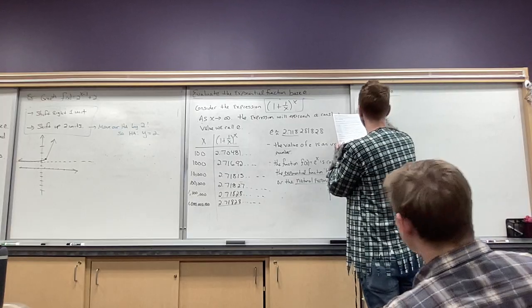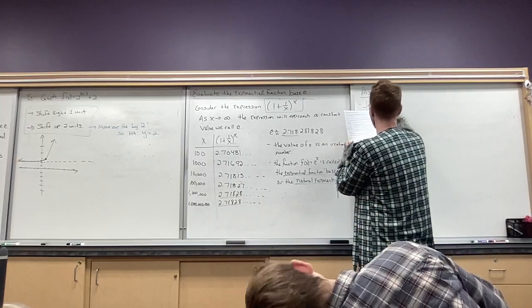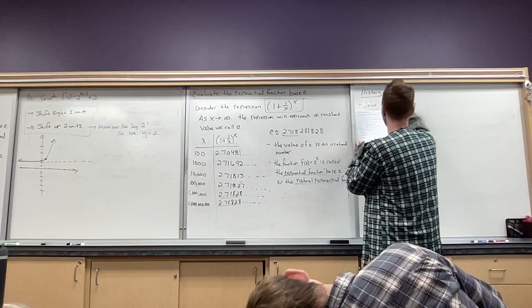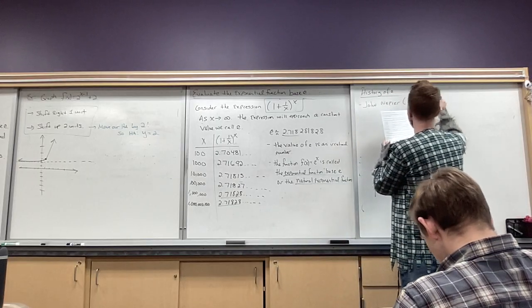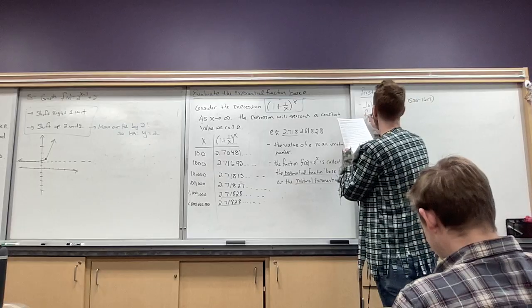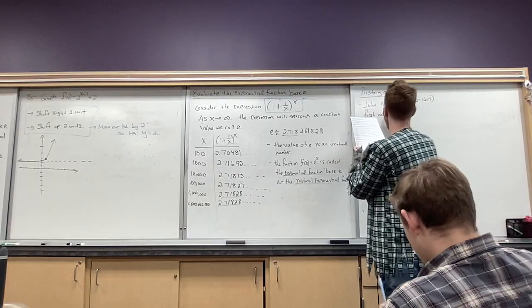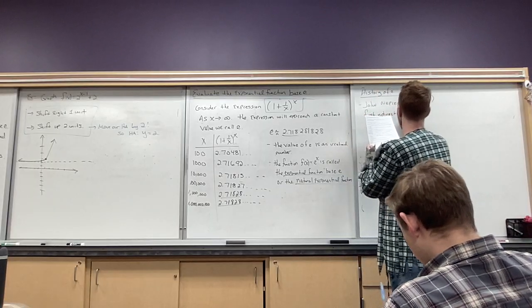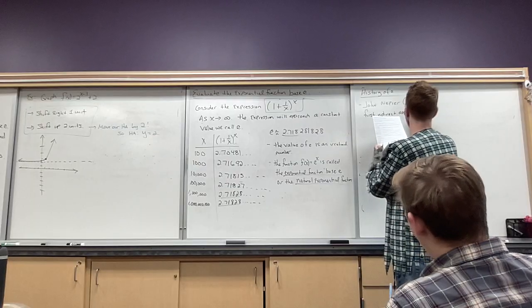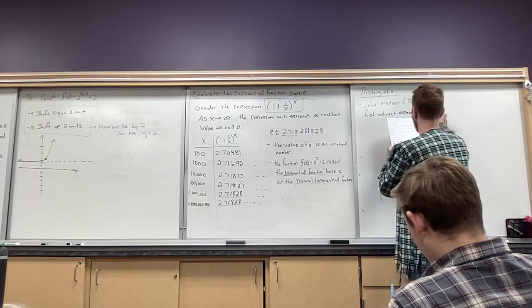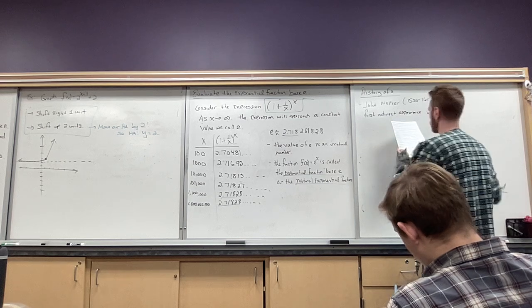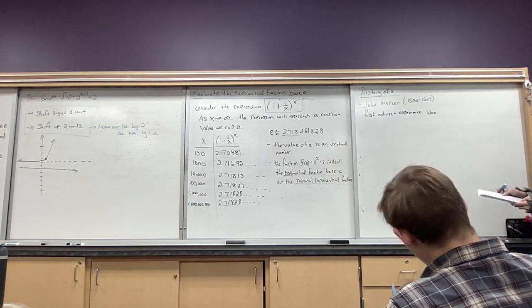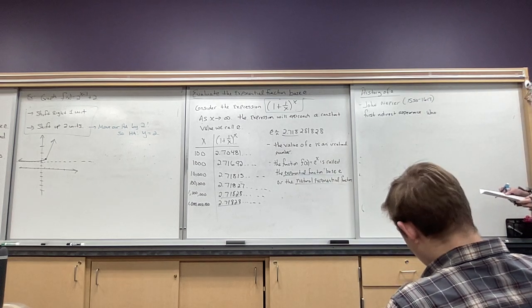Okay? So the first person we want to tip our hat to was John Napier, 1550 to 1617. So he made the first indirect appearance of this concept, meaning that he didn't really call it e.